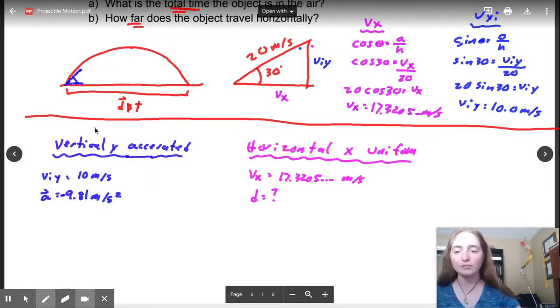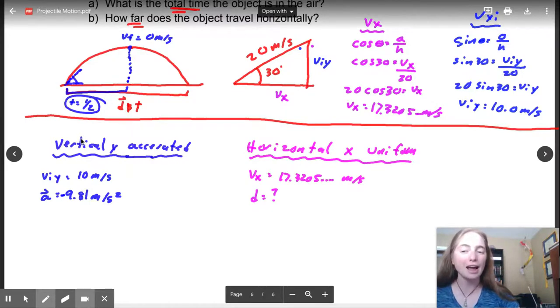Okay. The first one is you can choose to make the VF for your calculation here the case of VF equaling 0 meters per second. Now, the problem with this, look at this. That's halfway through the motion. This here is going to be time half.